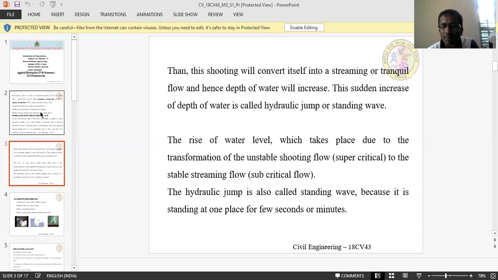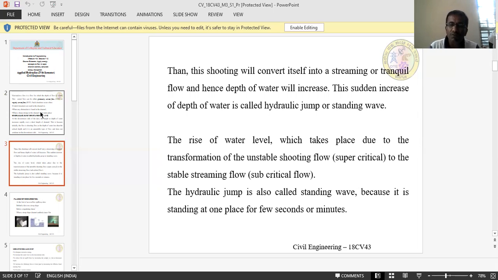F mainly depends upon V as well as y, where V is the velocity of flow and y is the depth of flow. So if the flow changes from supercritical to subcritical flow, then only the hydraulic jump occurs. When you solve problems related to the hydraulic jump, first decide whether the hydraulic jump occurs or not on the basis of the Froude number. F1 is the Froude number before the hydraulic jump, and F2 is the one after the hydraulic jump.